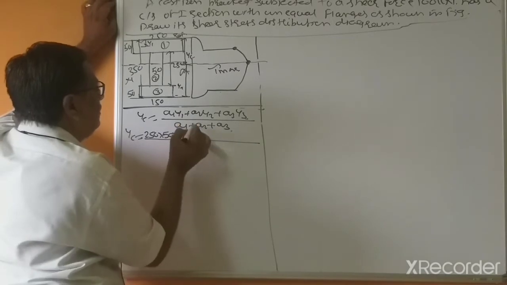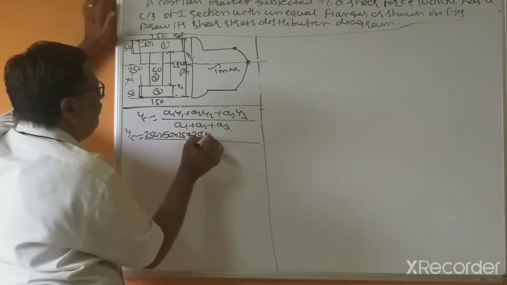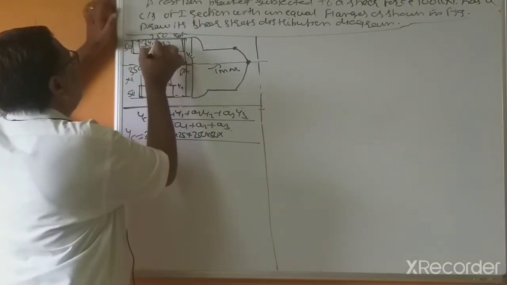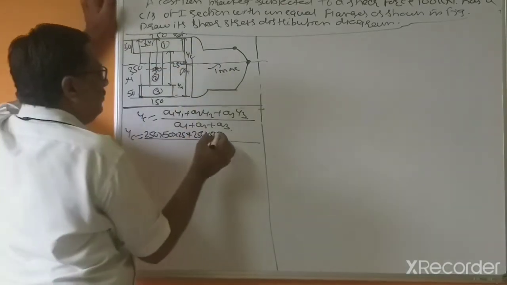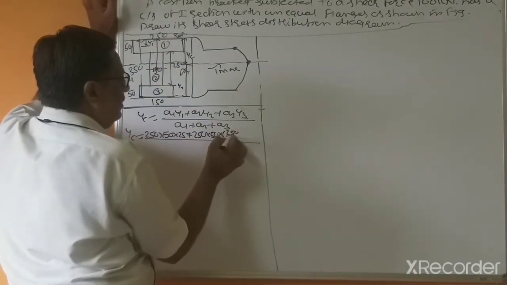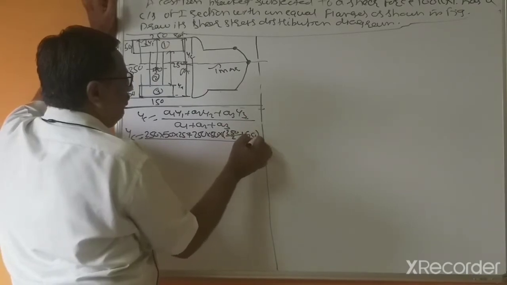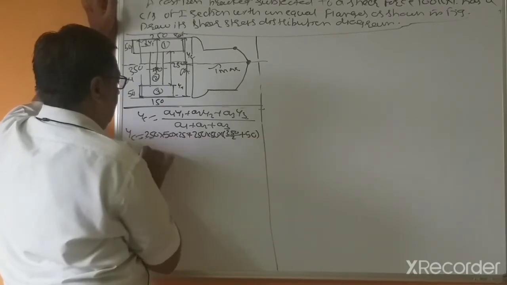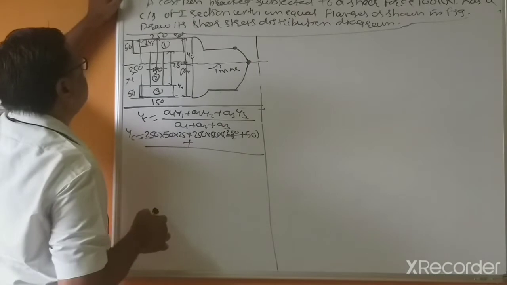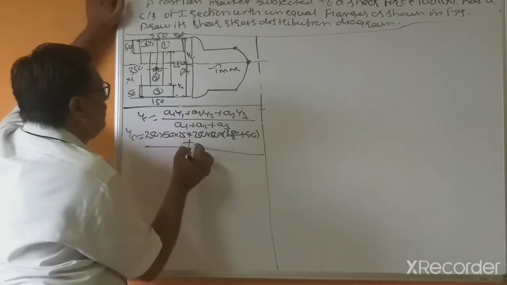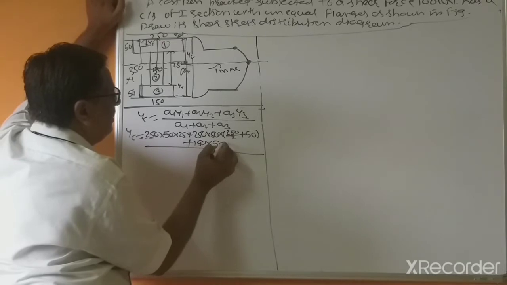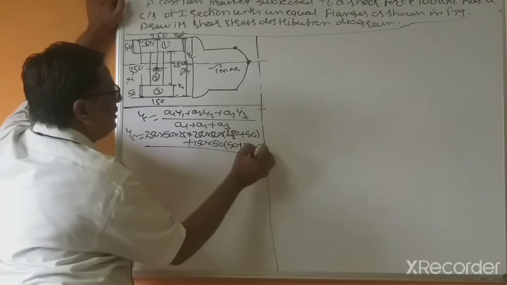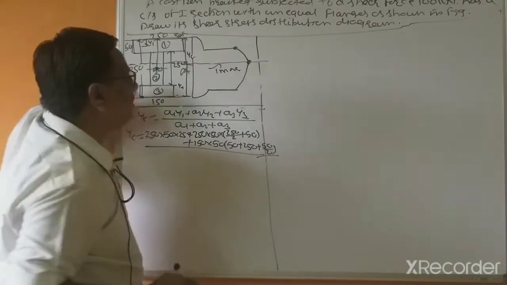Now plus area of the second component, 250 into 50 into Y2. So this centroid here and this distance is 250 divided by 2 plus 50. Plus now this is 150 into 50, into 50 plus 250 plus 50 divided by 2.